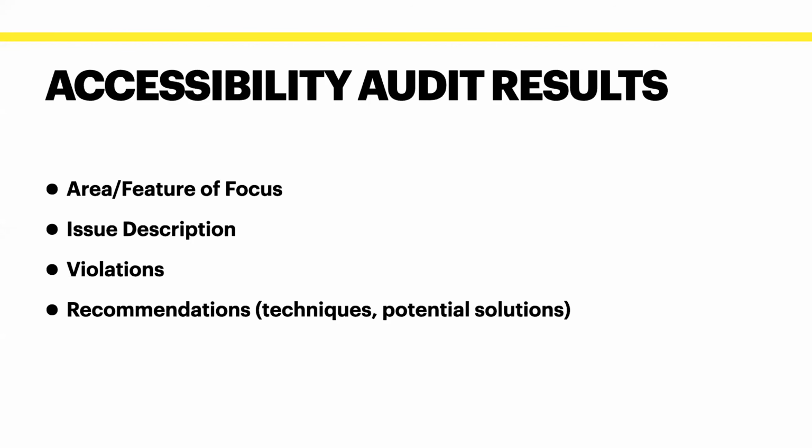There are main standards out there, more than 2, but the ones you commonly see are Section 508 and also WCAG, which I'll go into a little bit later, and then recommendations. If you're working with an external vendor, usually they'll tell you how you could go about fixing the issues and potential solutions.